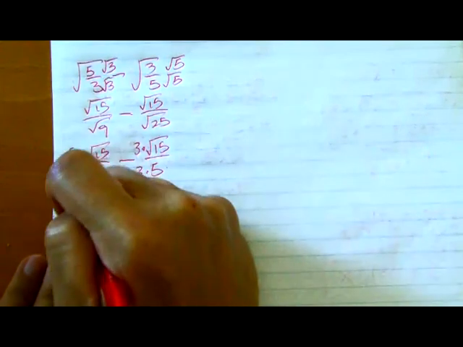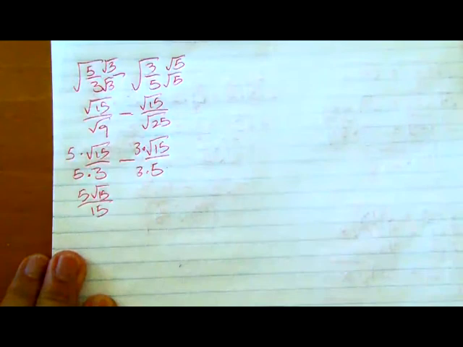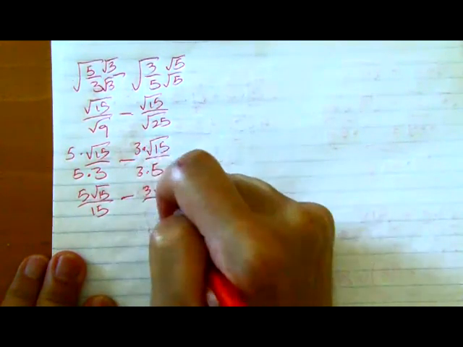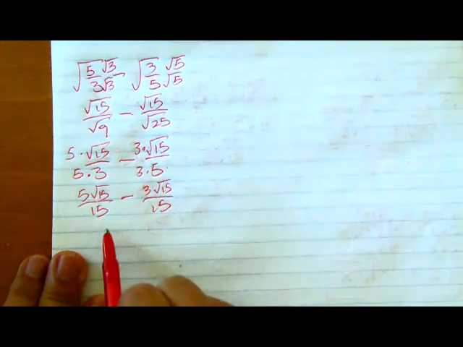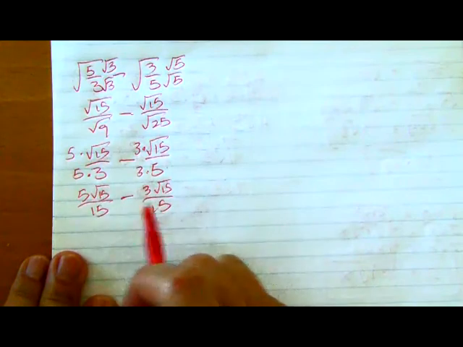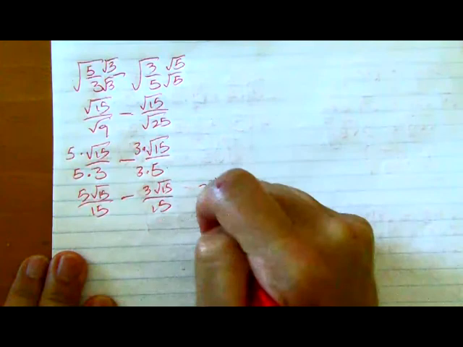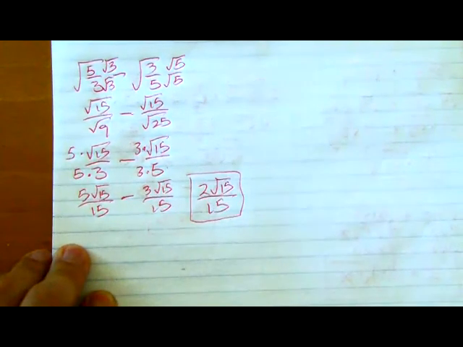So now I have 5 radical 15 over 15 minus 3 radical 15 over 15. Now we can subtract. We have a common denominator. We have like terms because the radicals are the same. 2 radical 15 over 15. Let's do one more.